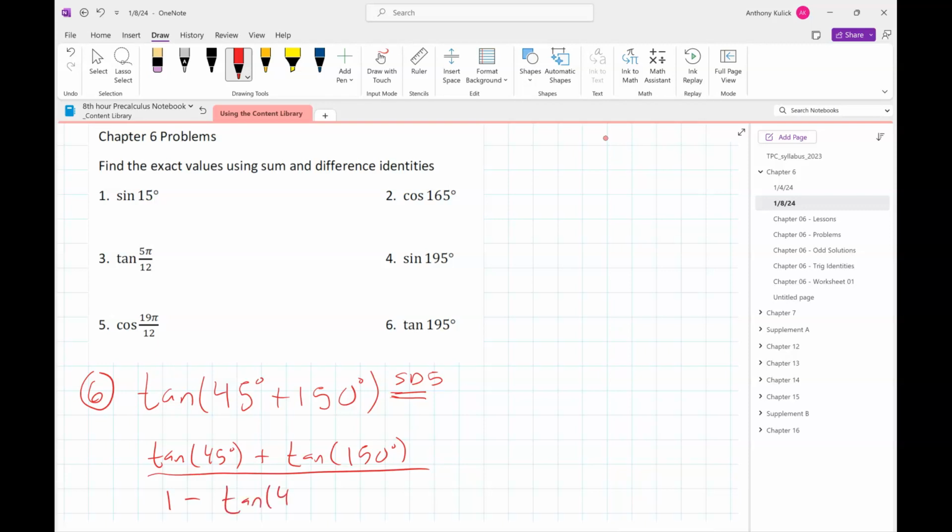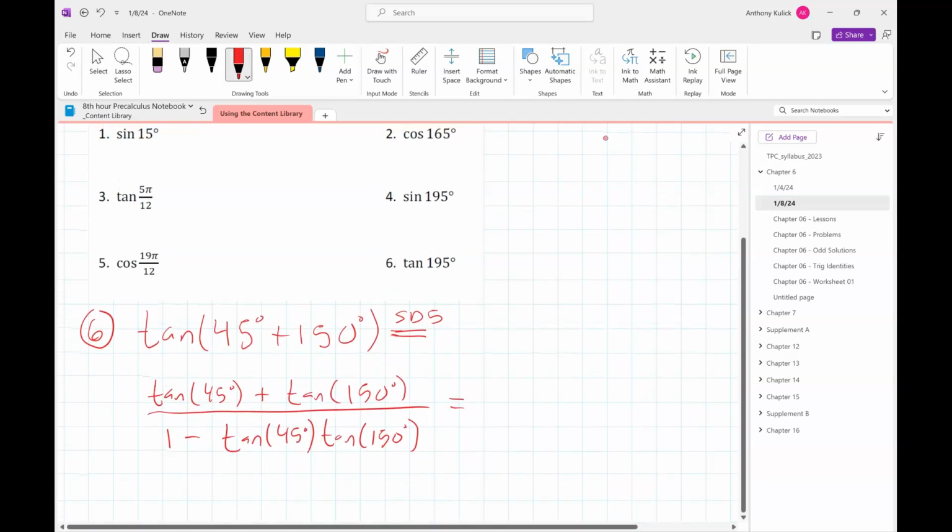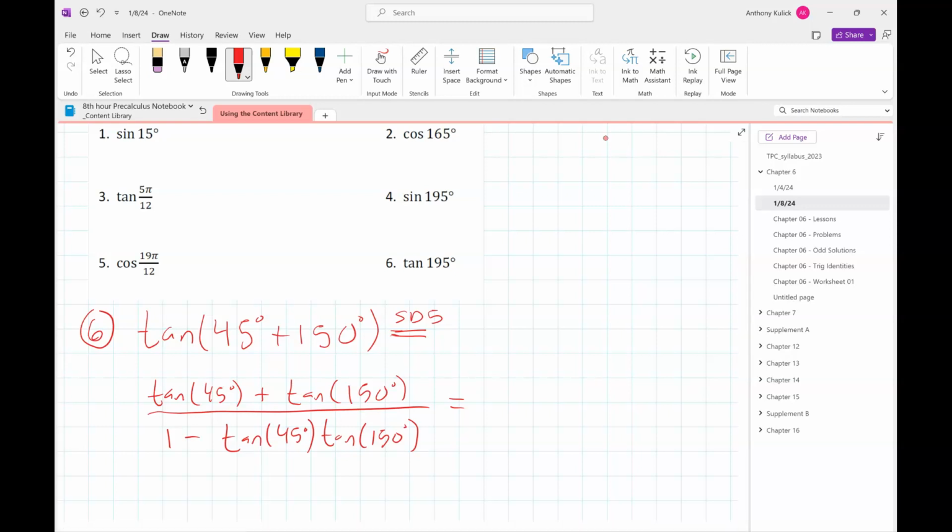So I plug in my identity. And again, it doesn't matter if you wrote 150 plus 45 or 45 plus 150, right? The order will not matter. You'll get the same answer either way.